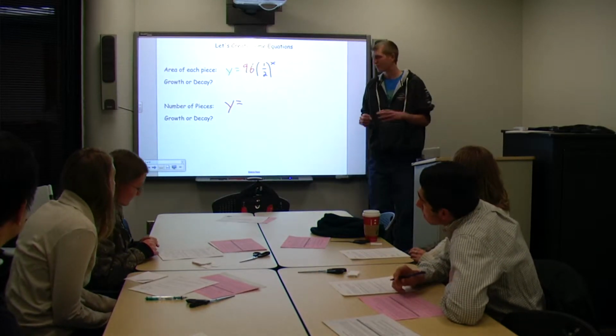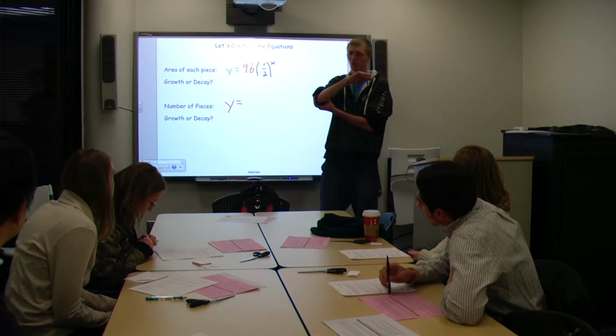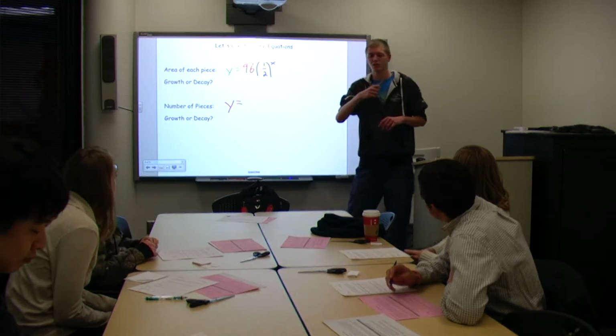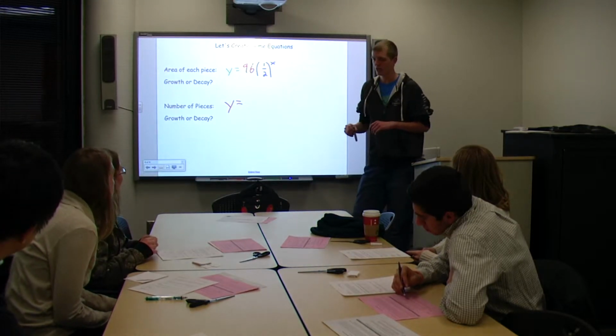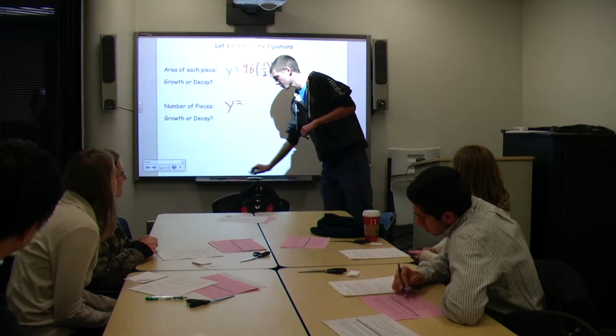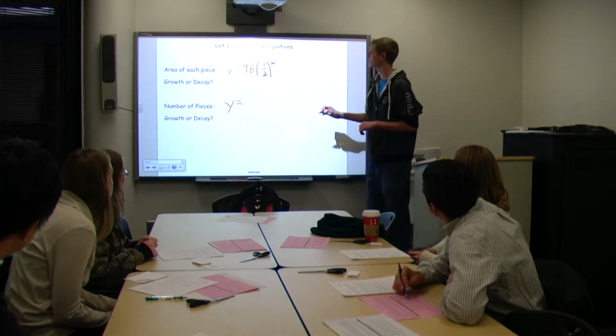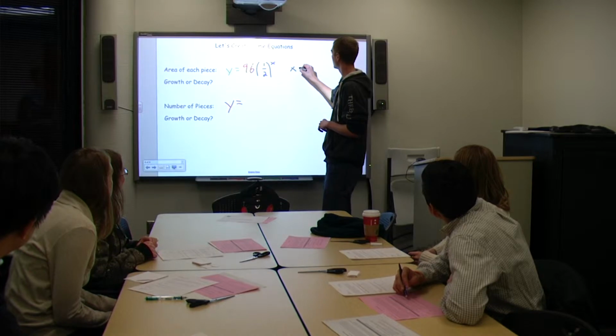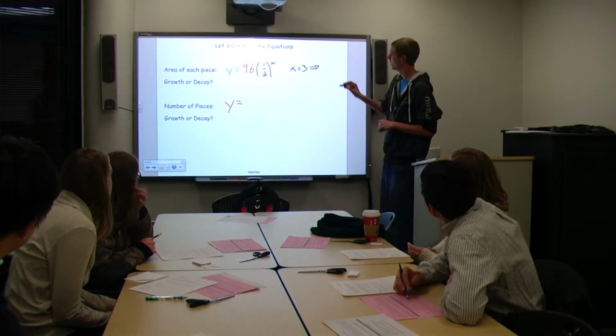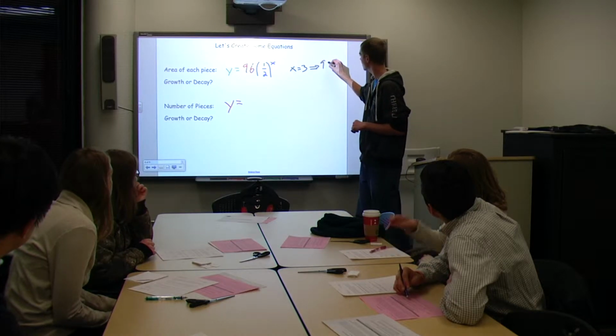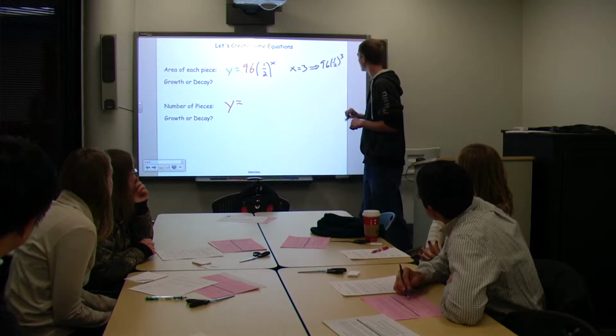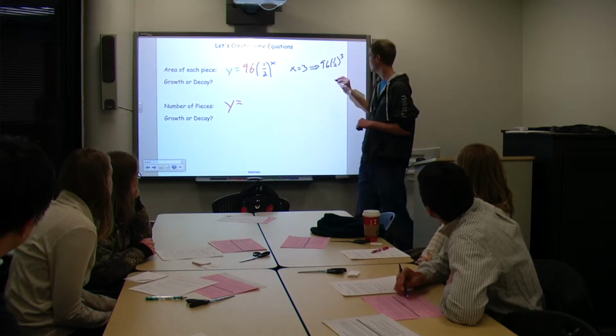So now we can do this as an example. So let's pick, what do you guys want to check to see if our equation's right? What number do you want to use? 3. So if we substitute x equals 3, okay, that means we have 96 times 1/2 to the 3rd equals y, okay?